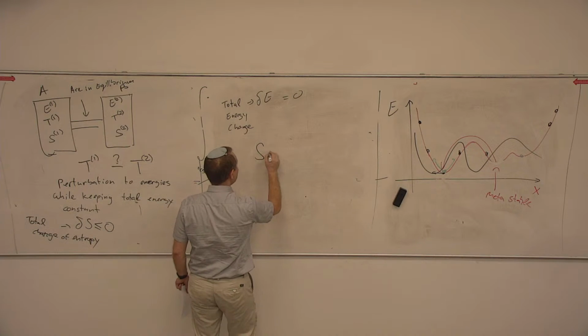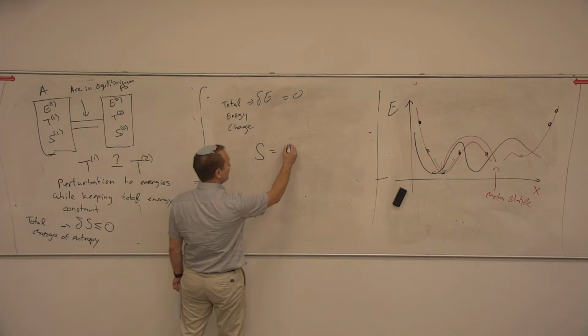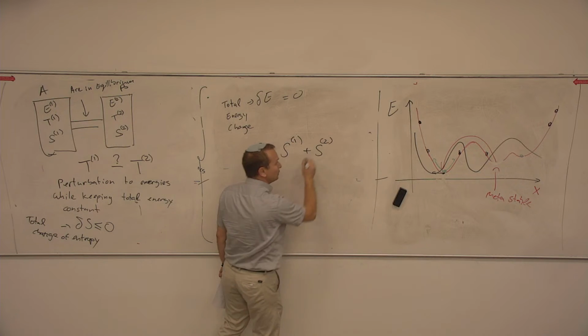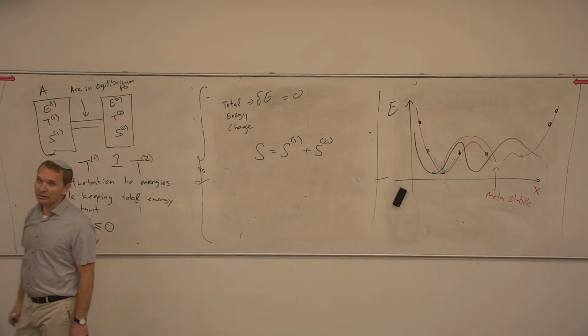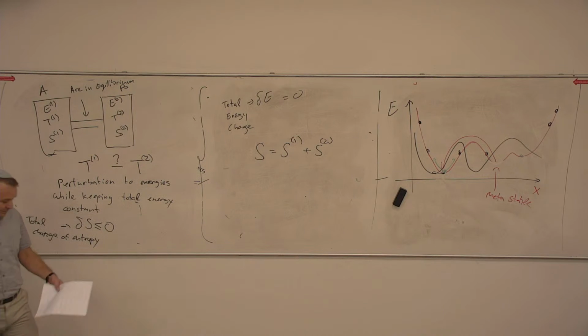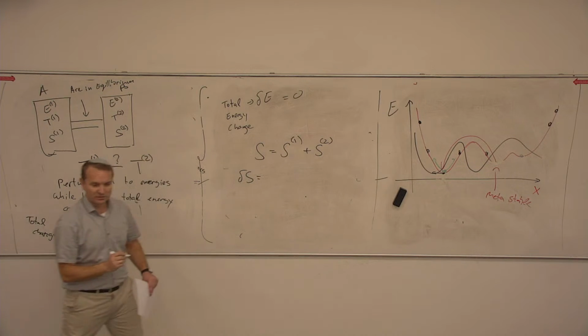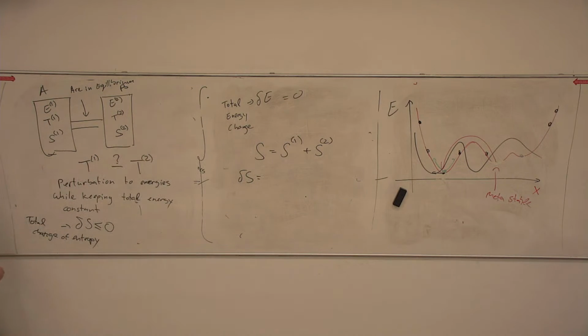Okay, so I know that the total entropy is the entropy of system 1 plus the entropy of system 2. Why? Because entropy is an extensive function. Why do you know that? I assume this. At the beginning of this lecture, I invented a concept.